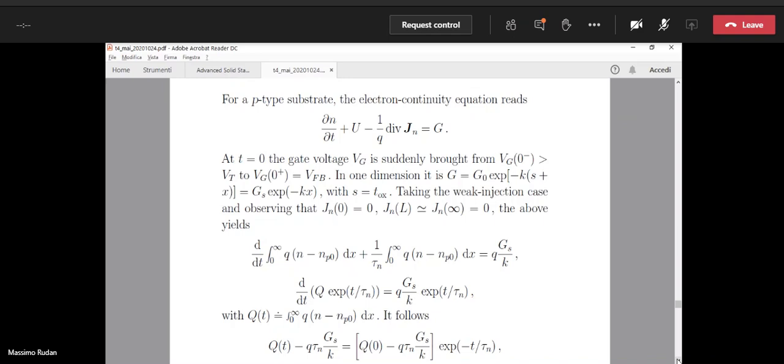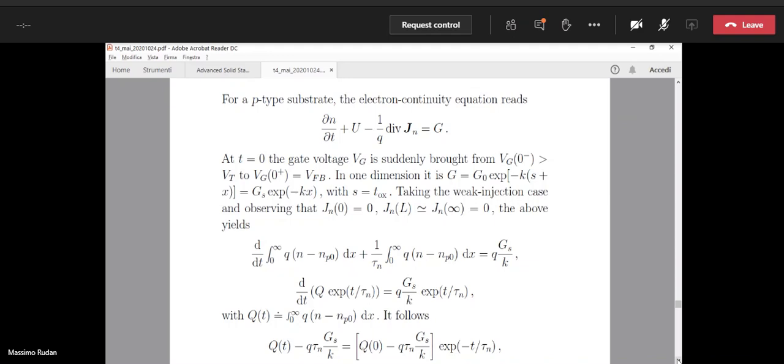Let's call it Q. So capital Q is the integral of the electron charge q times n minus np0 integrated between 0 and infinity. This is capital Q. So the first term gives you the derivative with respect to time of capital Q.